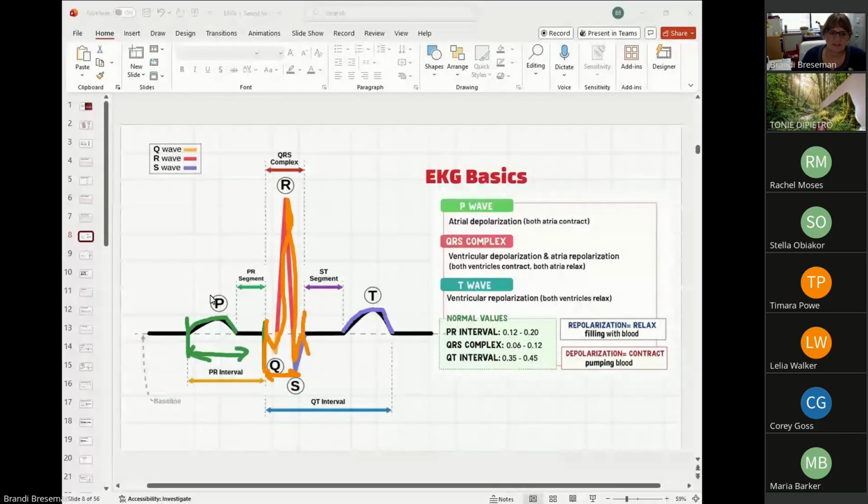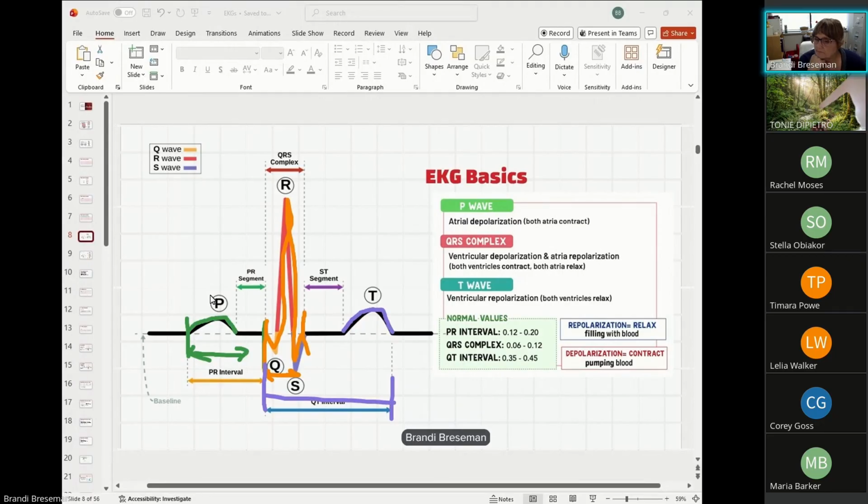And then the last thing we're going to look at is our QT interval. And that starts at the beginning of our Q wave and ends at the end of our T wave. A normal is 0.35 to 0.45 seconds.